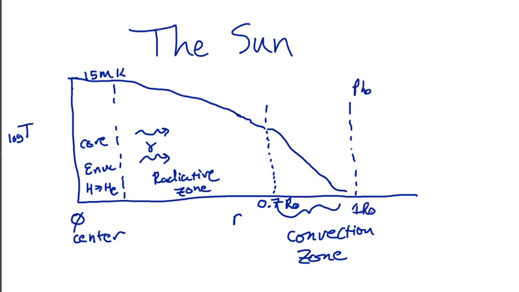The surface of the sun is vigorously convecting. We've gone from a temperature of about 15 million to a temperature of roughly 6,000 degrees Kelvin. So we've gone from millions of degrees to thousands of degrees. And at this point, photons start carrying the energy again as the sun becomes transparent.